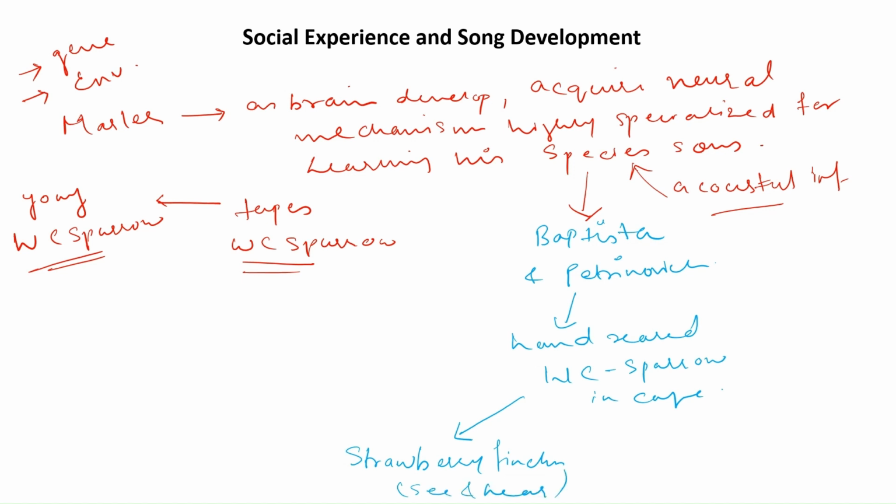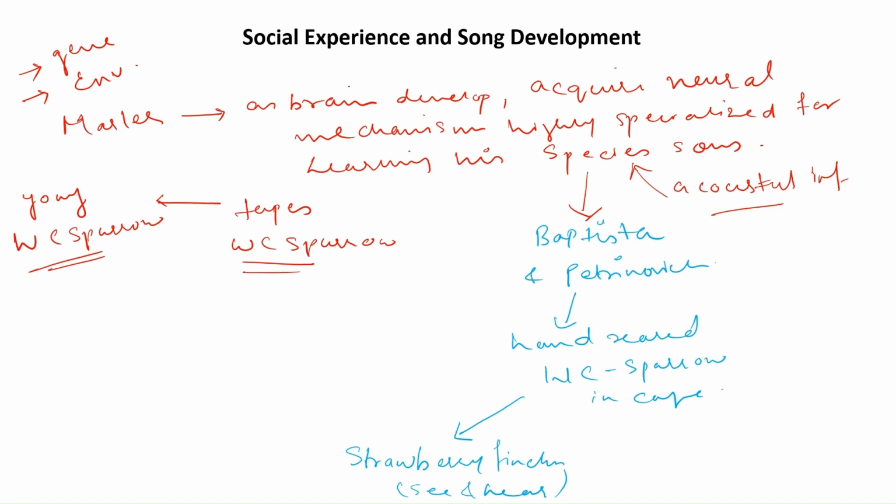Why did they do this? Because in the earlier experiment, it was shown that in the young sparrow, what they hear or gain from the surroundings makes their song develop in the same way. Based on that experiment, Marler interpreted that their neural mechanism develops in such a way that they will learn only their species song. If this is true, they should not learn the other species' song.